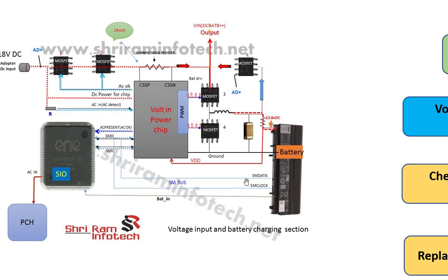Okay, if the signals are there but still the battery is not charging, then possibly these two MOSFETs are faulty. Then check these two MOSFETs with the multimeter. But sometimes these MOSFETs show perfectly all right on the cold test. Cold test means when you remove the power and put your multimeter on the buzzer, diode mode or resistance range.